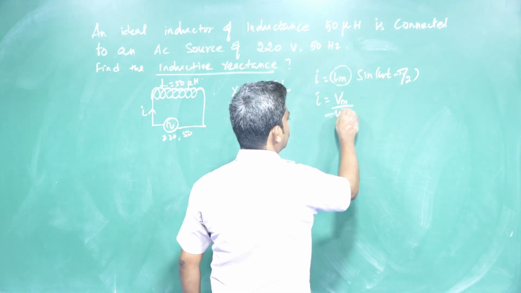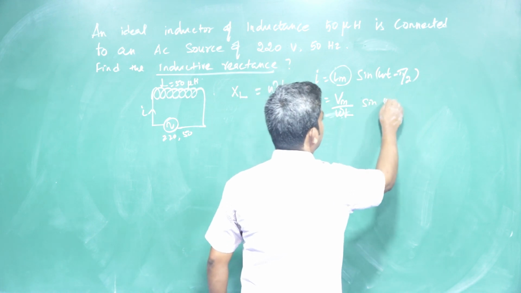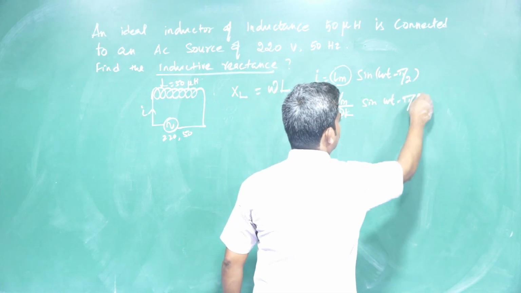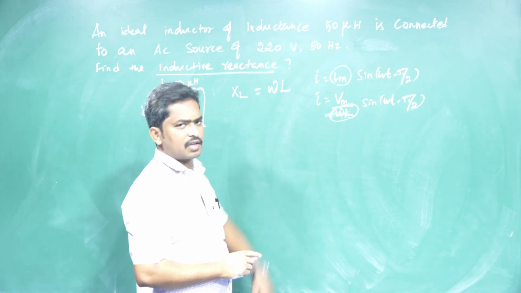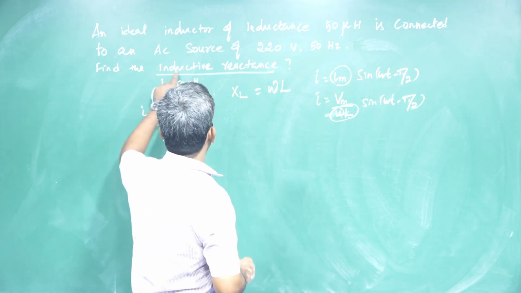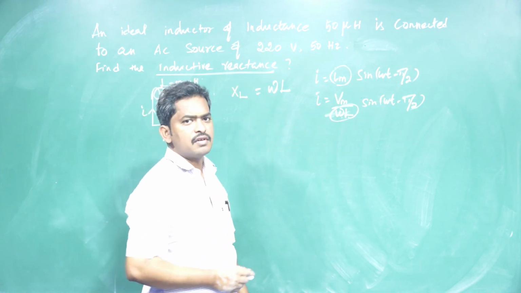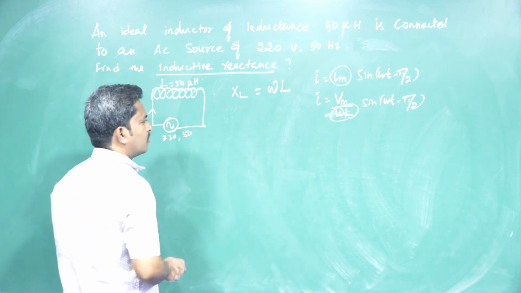According to Ohm's law, I is equal to V by R, and here R is omega L, the inductive reactance. So XL is equal to omega L.